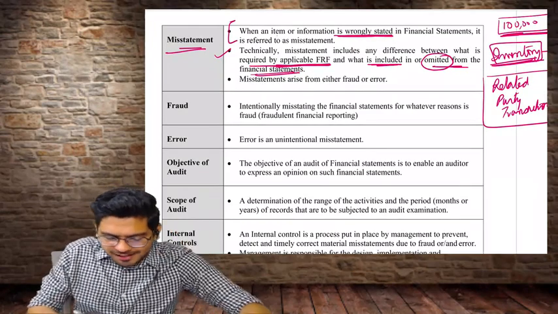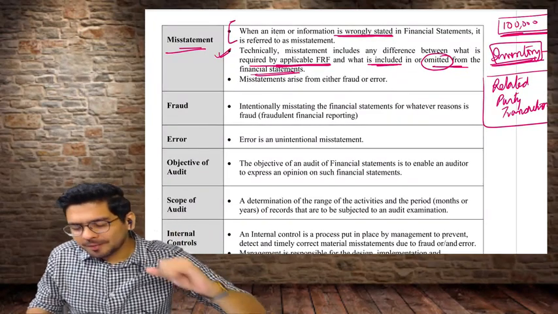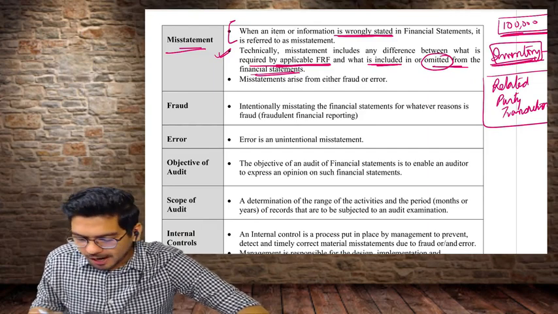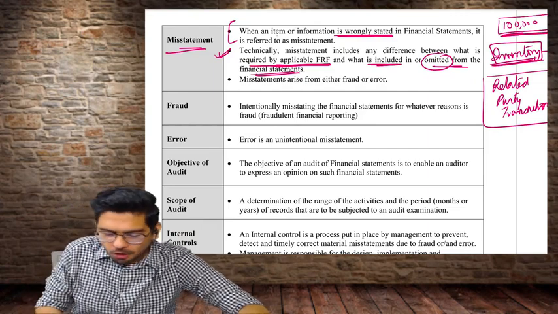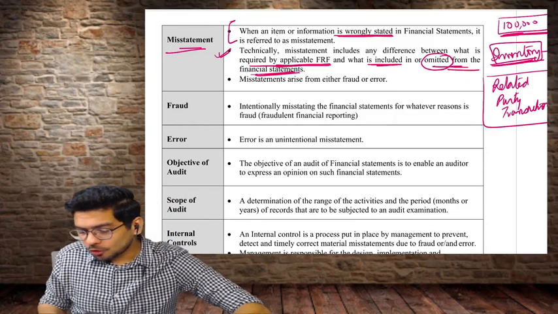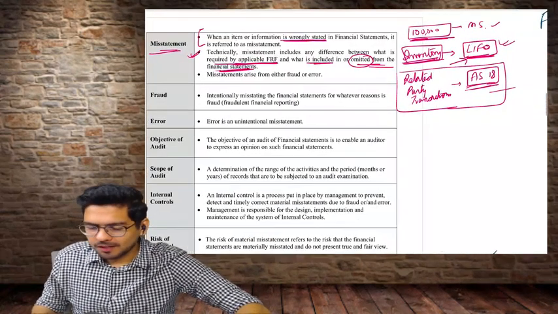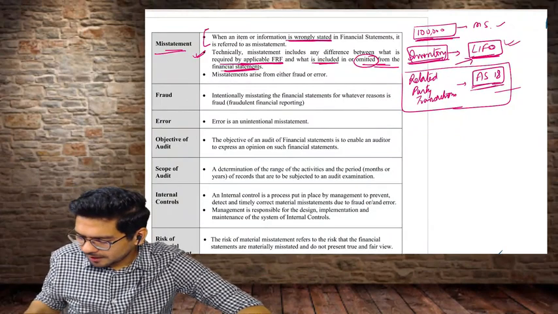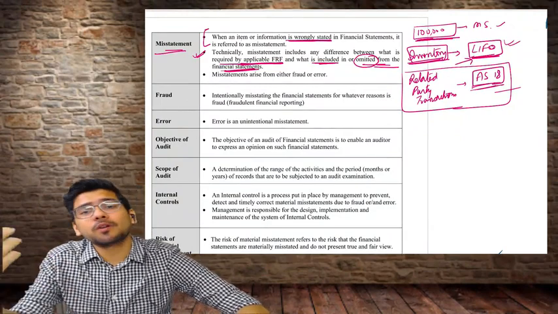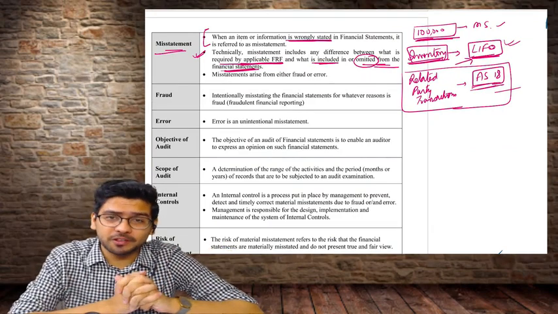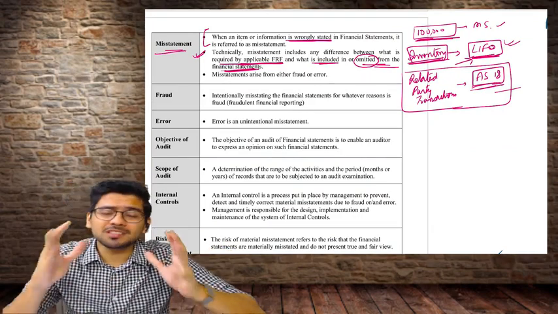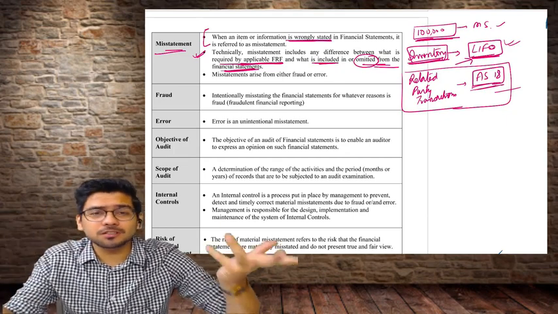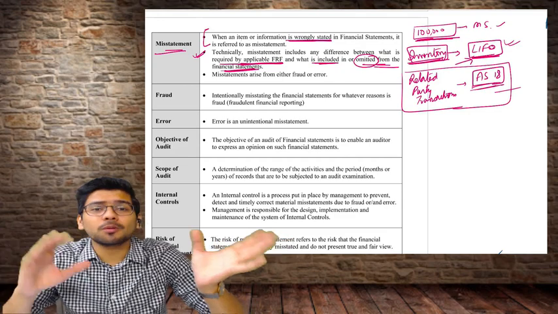So misstatement, again let me read the definition. Technically, misstatement includes any difference between what is required by applicable FRF and what is included in or omitted from the financial statements. So let's say a company is required to calculate depreciation on the basis of useful life method, but this company under audit has used another method of depreciation which is not mentioned in FRF.